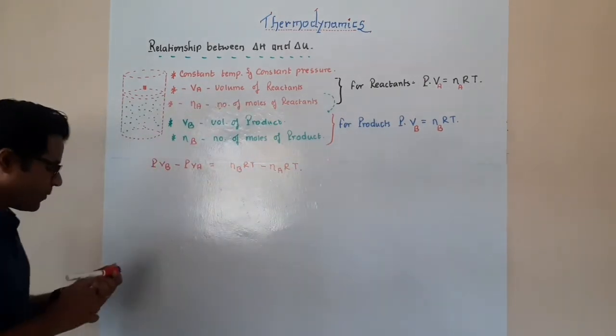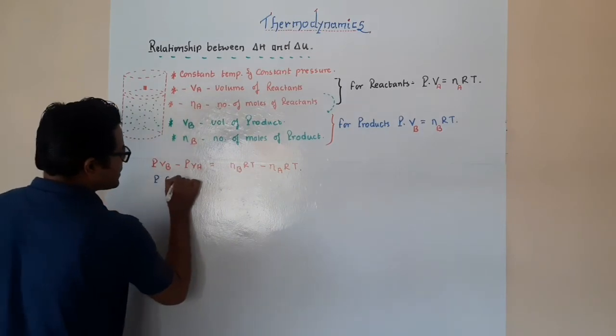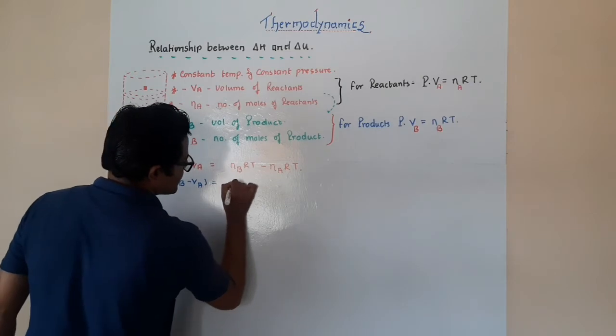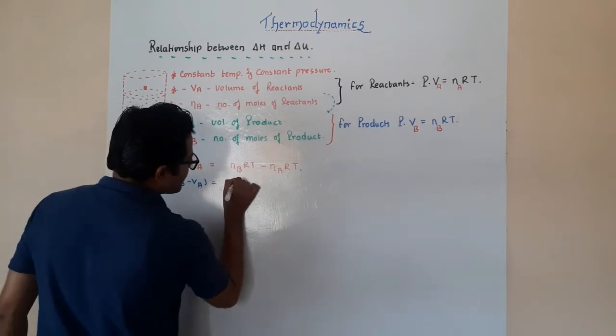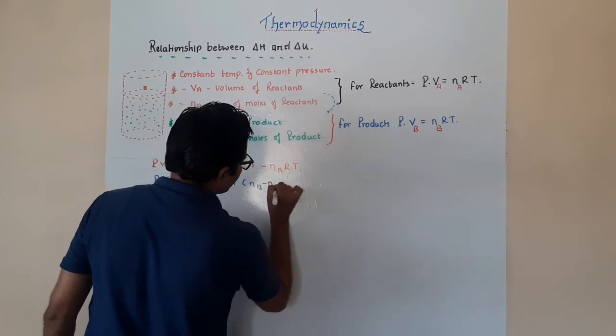Alright. So from this condition, we can take the pressure constant over here. So P times VB minus VA is equal to, let's take RT as common, NB minus NA.